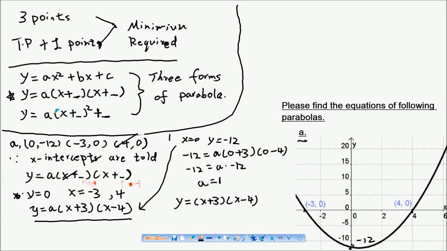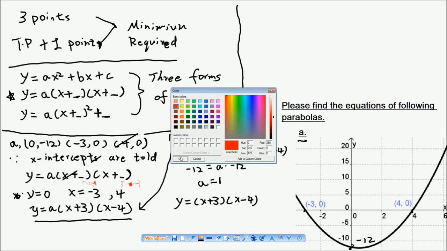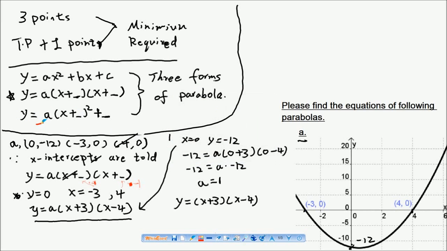If we are given the turning point, we have to use this formula, and I'll show you how we do it later. If we know any 3 individual points, we use this formula. I'll show you how we use this formula.